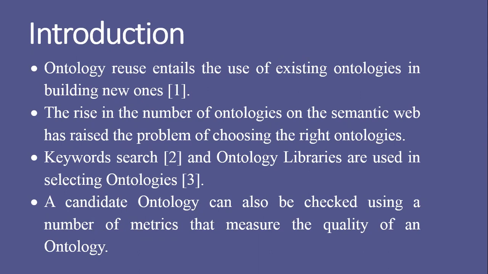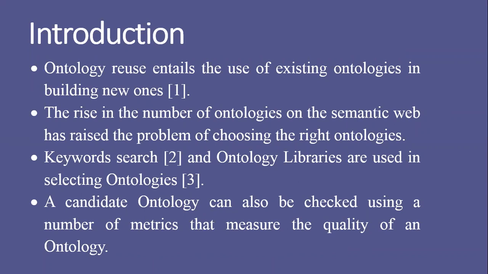The process of selecting an ontology to be used by ontology developers and ontology users can be tedious and time-consuming, and this has been a problem. Ontology reuse has come into play, and it entails the use of existing ontologies in building new ones.